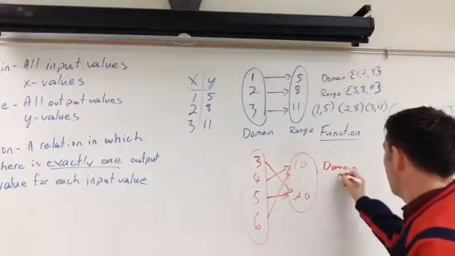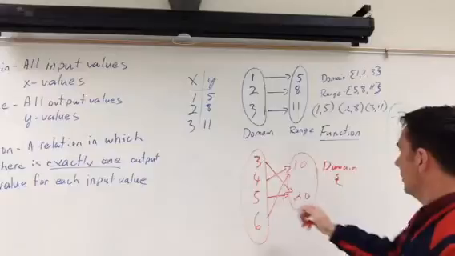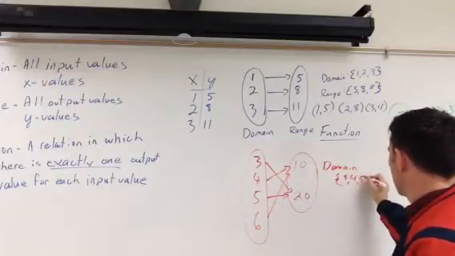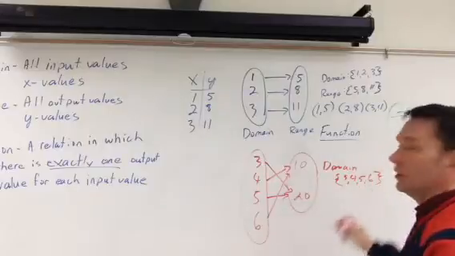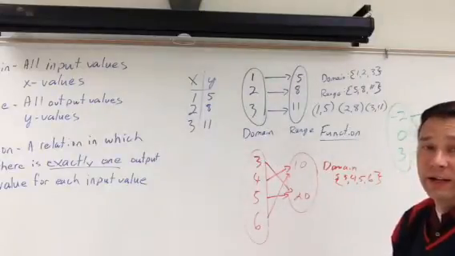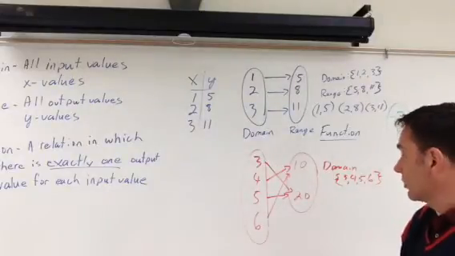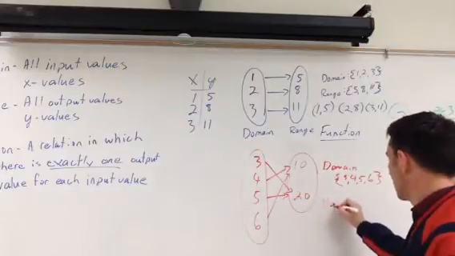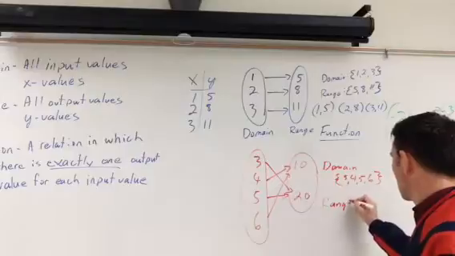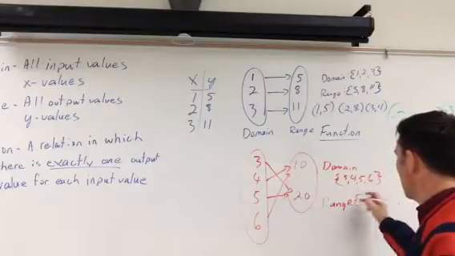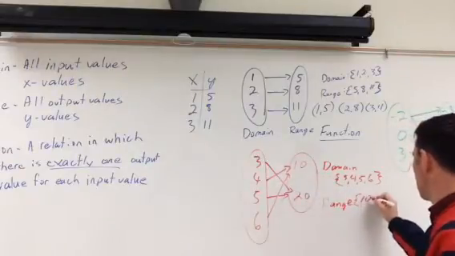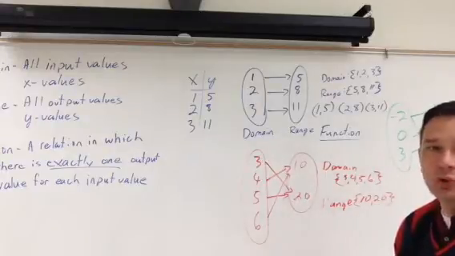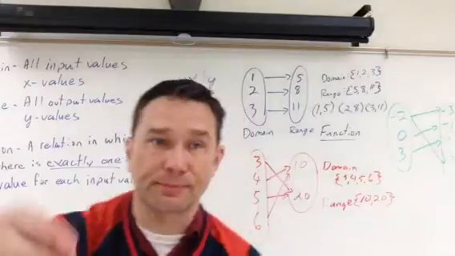So again, our domain would be 3, 4, 5, and 6. Not too much calculation going on. Just have to understand and evaluate what each of them is. Our range would be just 10 and 20. There are two numbers for our range in this one.